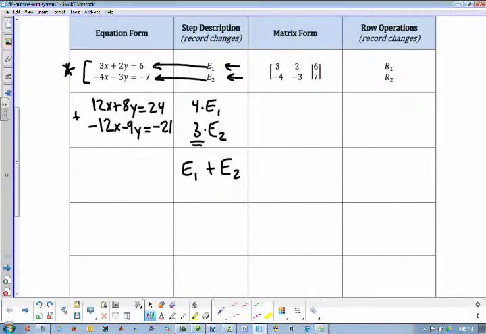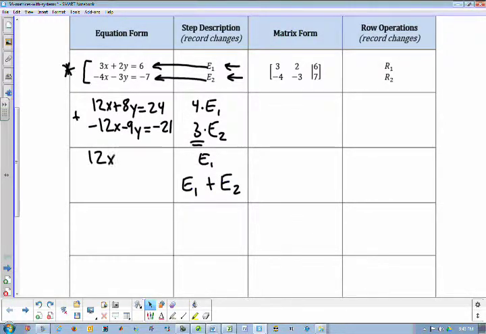Okay, and we're going to do something that's a little different here. First of all, I'm going to copy down this equation 1 that we have: 12x plus 8y equals 24. We always want to have two equations when we're doing this. You'll see why soon. When we add them, I'm going to write, that's my equation 1 from up above here, just dropping this thing down here. And now, if we add the two equations from up above, we add the x's, we get 0x.